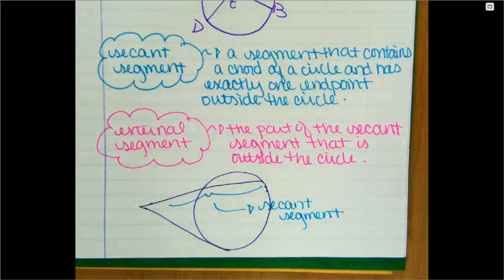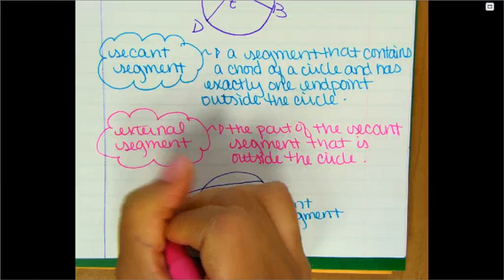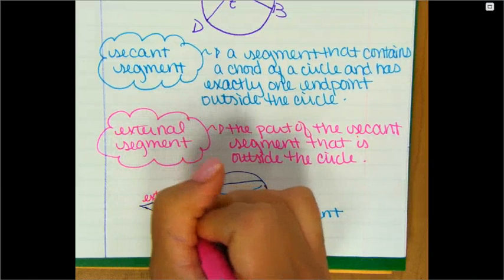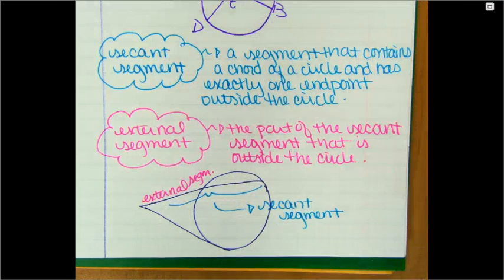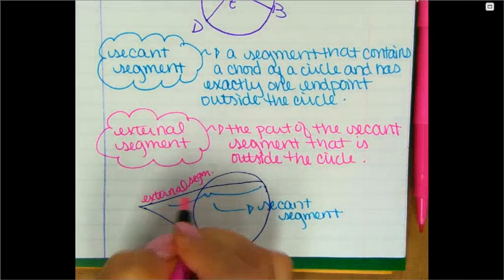Alright, secant segment. What is the external segment going to be? Outside the circle. Remember, it's part of the secant segment, so here's your external segment. I'm going to highlight it pink so you can see it.